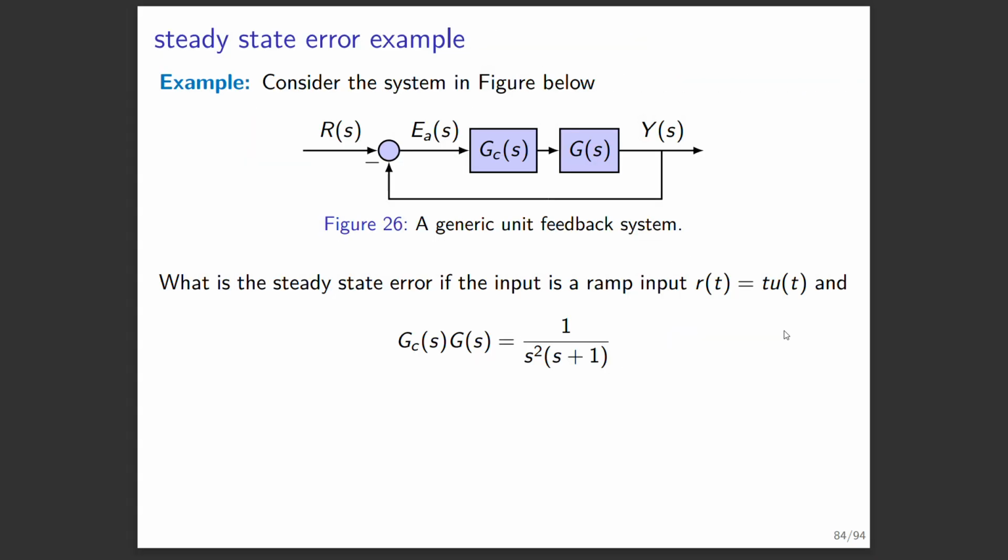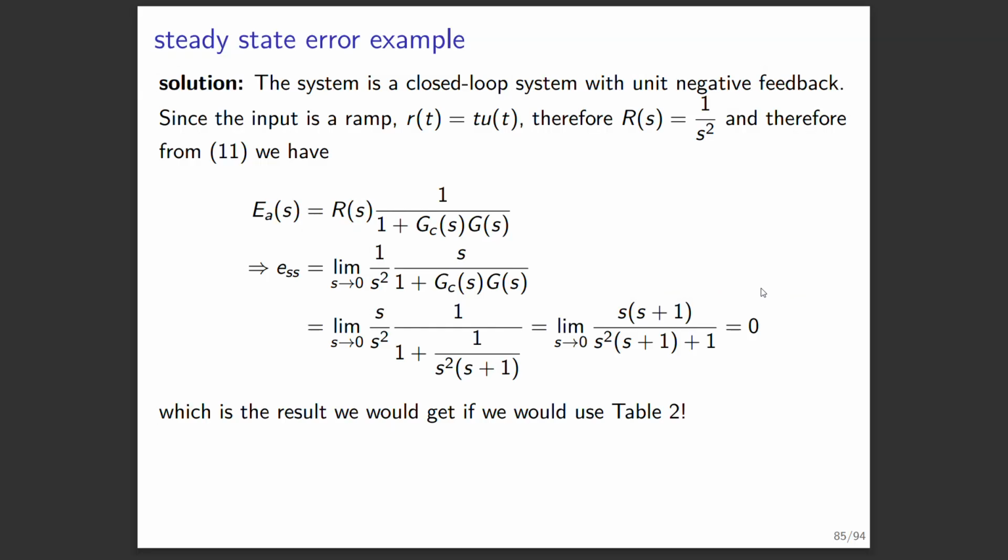Okay, example: what's the steady state error of the system? Unit feedback system, if the input is a ramp, which means it's t. Well, the error is defined as this. I want to take the limit. I want to substitute 1 over s squared for r because we have a ramp.